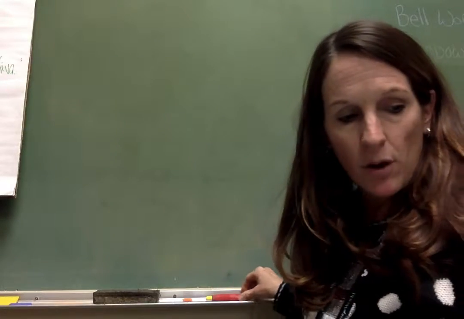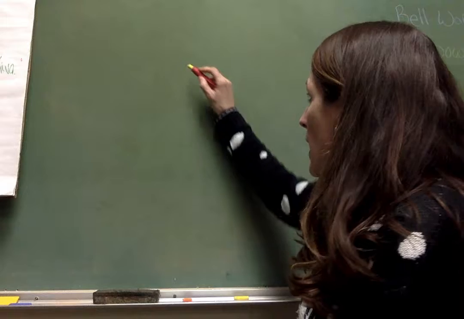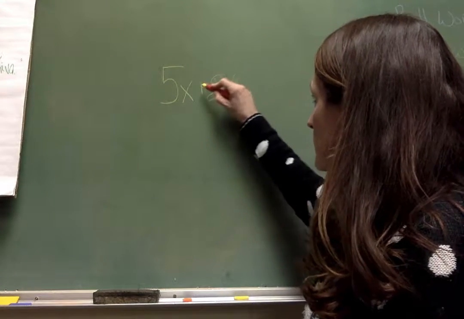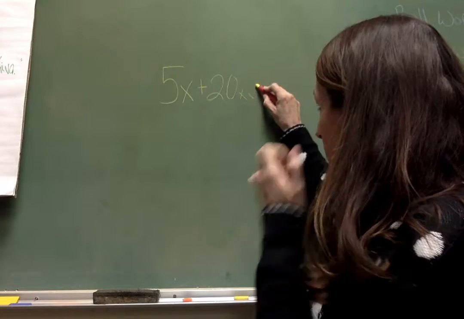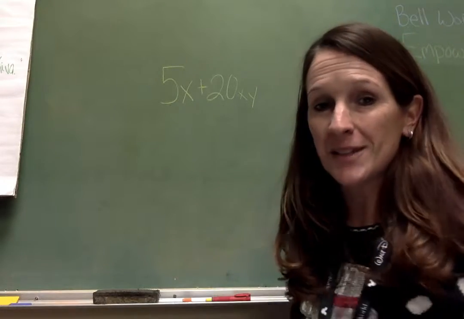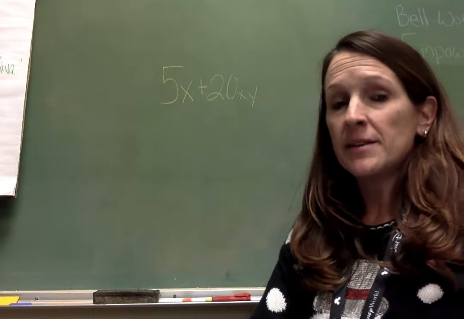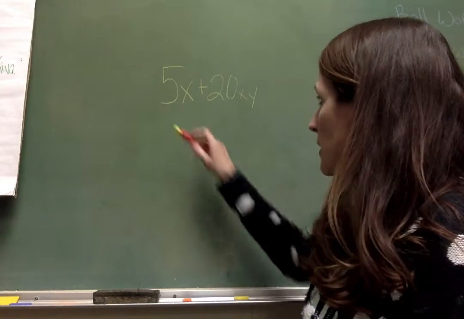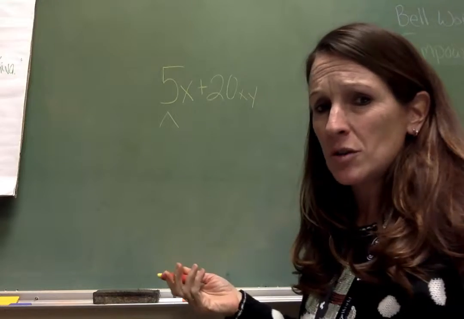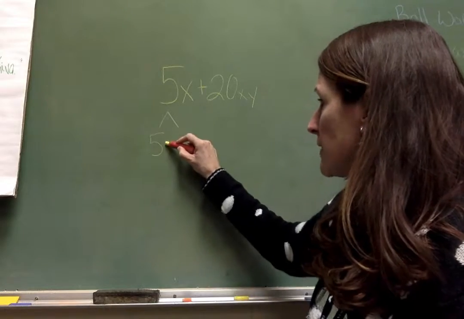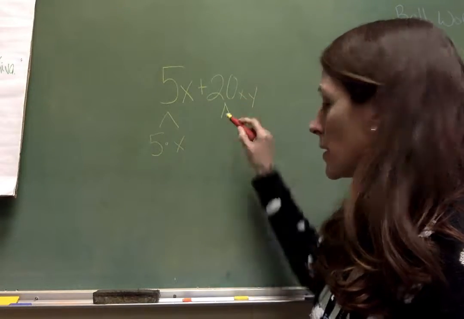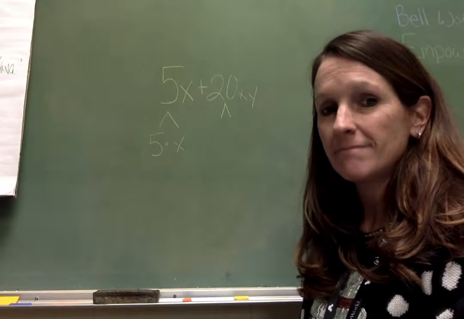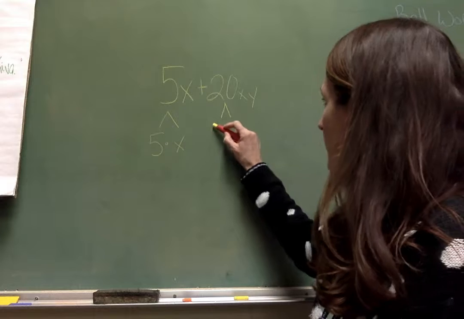Our last example, 5x plus 20xy. Okay, let's go. Our first step is to factor out both of the numbers. 5 is a prime number, so that's easy. So this ends up being 5 times x. 20, what multiplies together to make 20? 4 times 5, we'll do that.